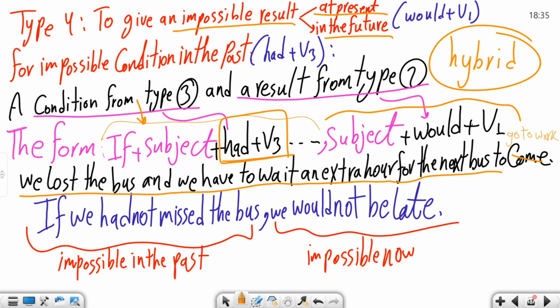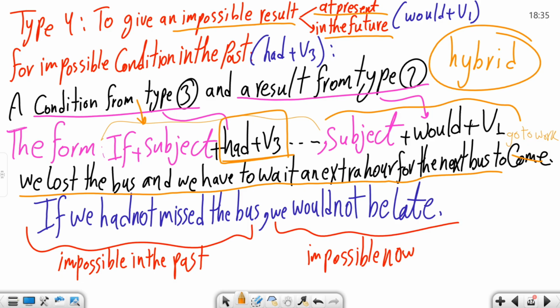Now, my friend Jack told me, Udait, let's go to work together. And I told him, okay, I will wait for you at the bus station. We have an agreement. So I'm waiting now for Jack.